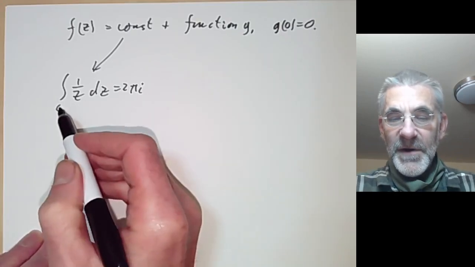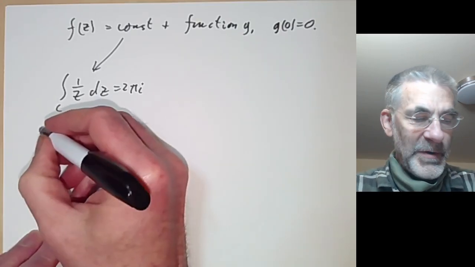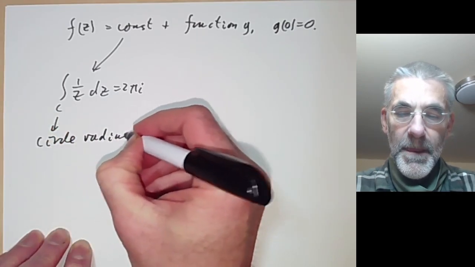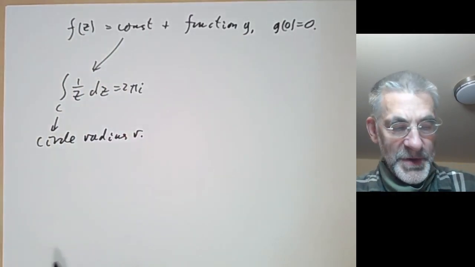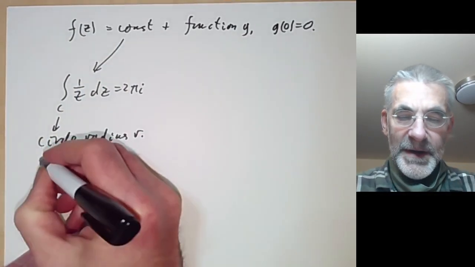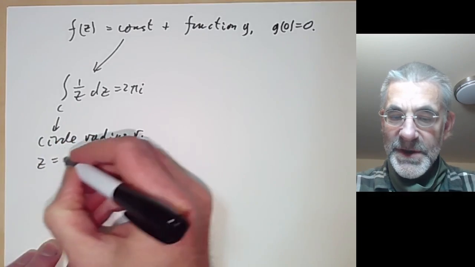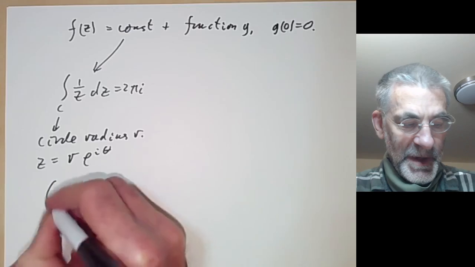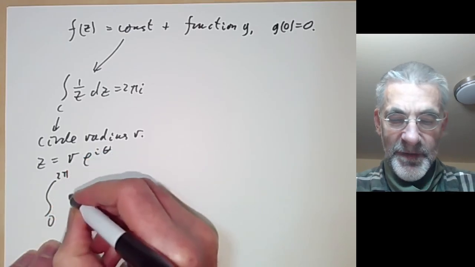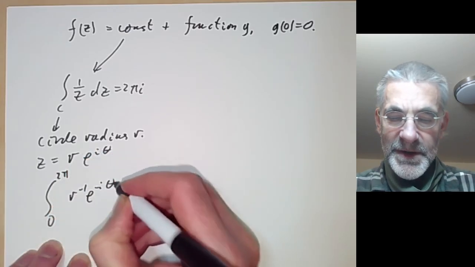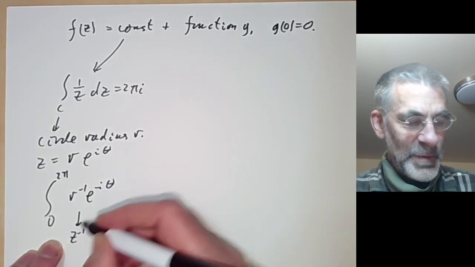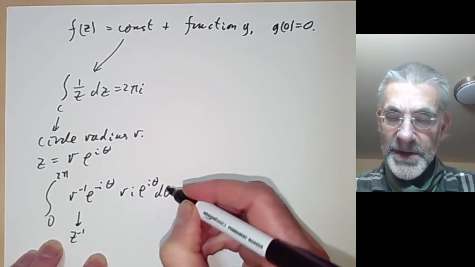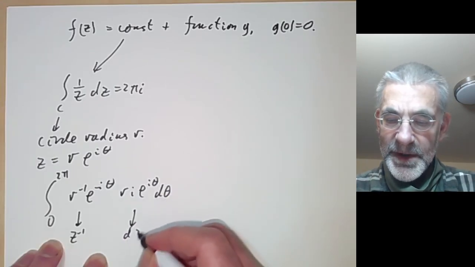This follows because by Cauchy's theorem, you can just take C to be a circle of some radius r by deforming the contour C until it's a circle. And then, just as in the previous lecture, we can put z equals r e to the i theta, and our integral becomes the integral from 0 to 2 pi of r to the minus 1 e to the minus i theta, that's z to the minus 1, and then we get an r i e to the i theta d theta, and that's dz.